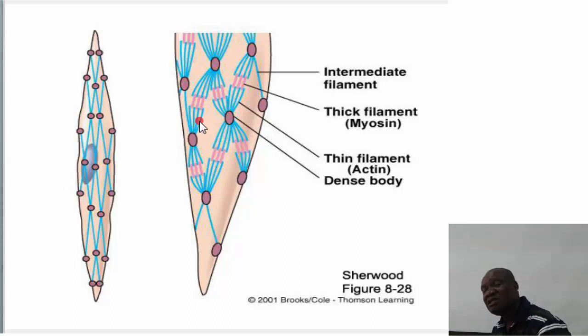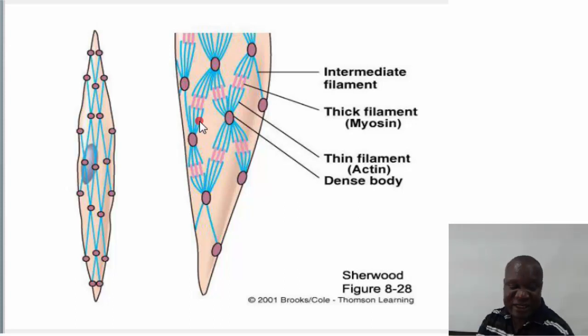So we have dense bodies to which the myofilaments are attached. Now, the dense bodies are analogous to the Z lines that we saw in skeletal muscle and, of course, in cardiac muscle. These dense bodies are found in the membrane as well as in the sarcoplasm.